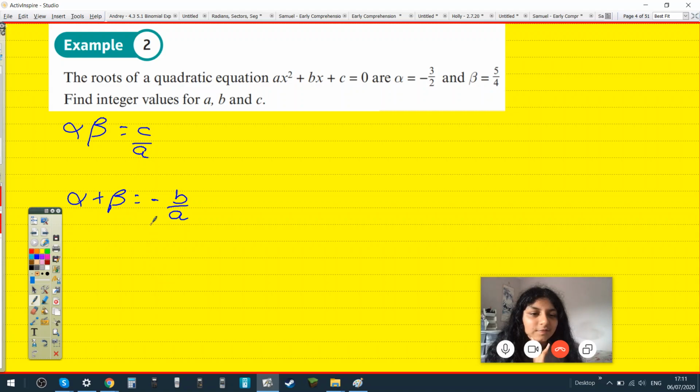I guess you could rearrange for A and then put it in the first equation or something. I don't really know how to solve.